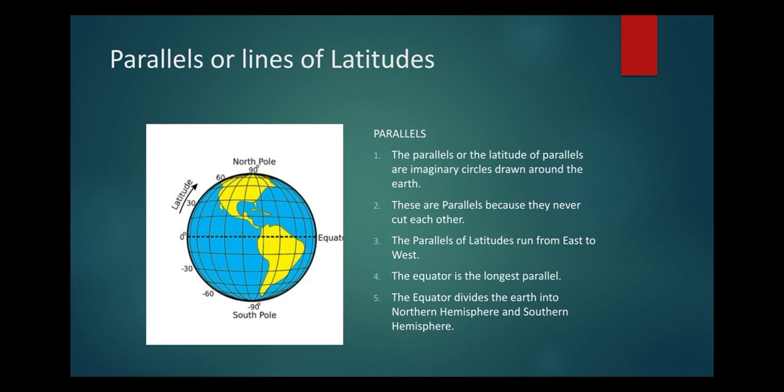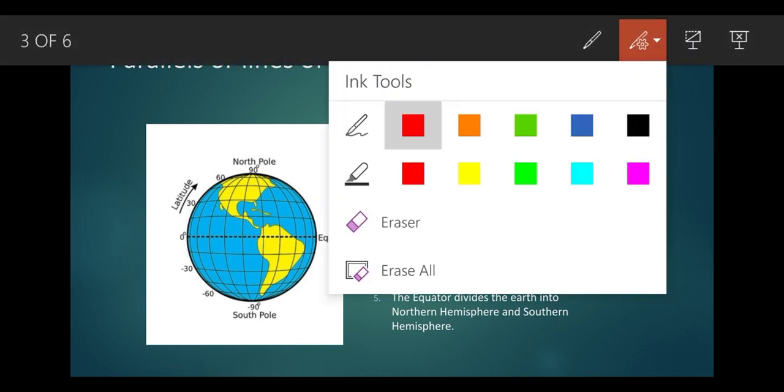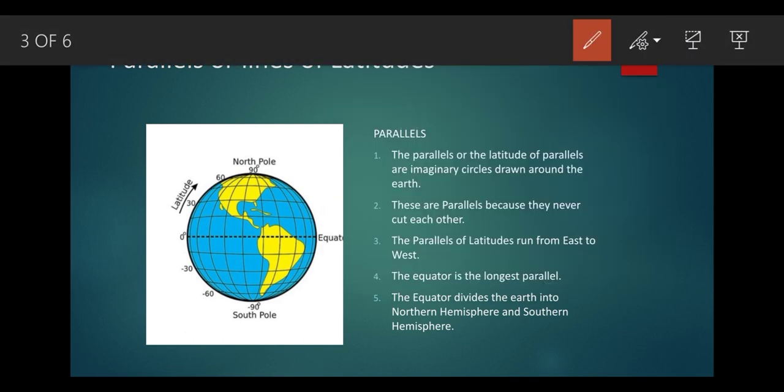These parallels are called parallels because they never cut each other. Okay, the parallels of latitude run from east to west direction. They run from east to west, as I have already shown you in the previous slide also. These are the main 4 directions.